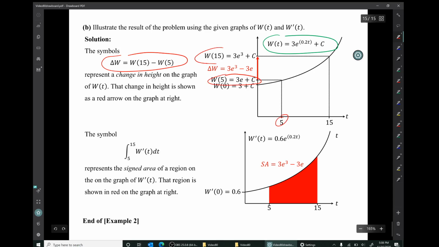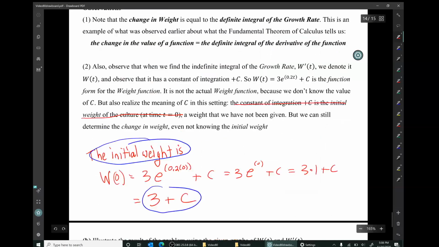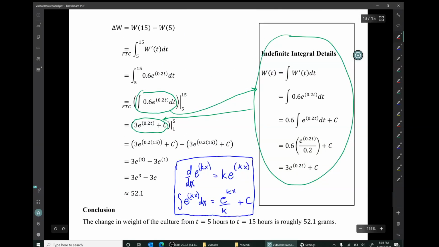Here's the W value when t equals 15. The change in height I've highlighted with that red arrow. The length of that arrow is this number, 3e cubed minus 3, which is roughly whatever we said it was, roughly 52.1 grams.